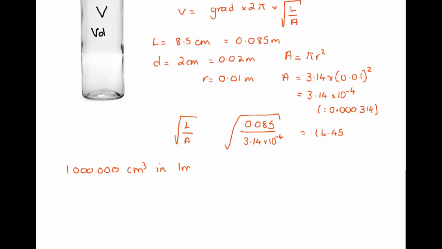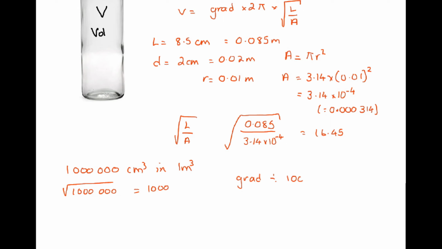But we didn't use the volume, we used the square root of the volume. And the square root of a million is 1,000. So we need to adjust by a factor of 1,000. So I'm going to take my gradient and I'm going to divide it by 1,000.